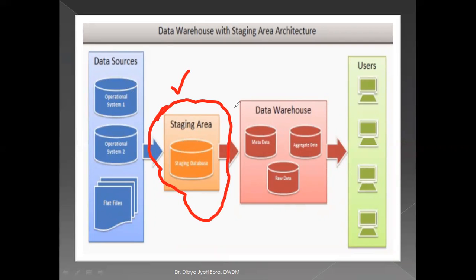Only after that, the filtered data will be put into the data warehouse. So this data warehouse architecture includes one more layer between the data sources and the data warehouse, and that is our staging area. I hope it is clear to you now.